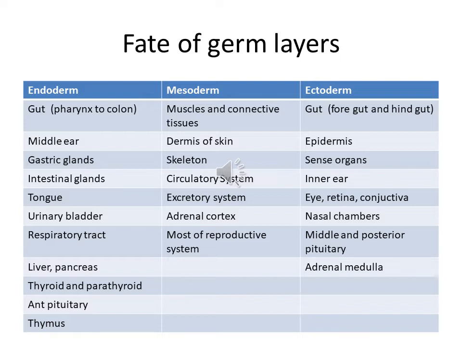These things are developed from ectoderm. So this table you have to remember, questions can come on which organ or which part is formed from endoderm, mesoderm and ectoderm. So this is the fate of the germ layers.